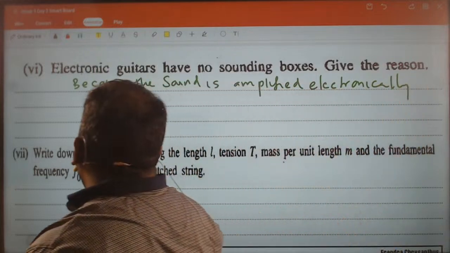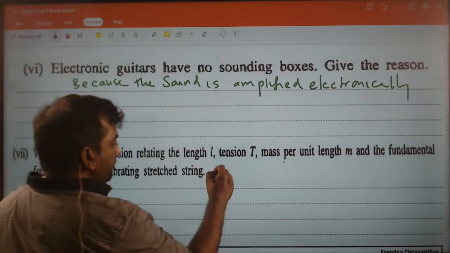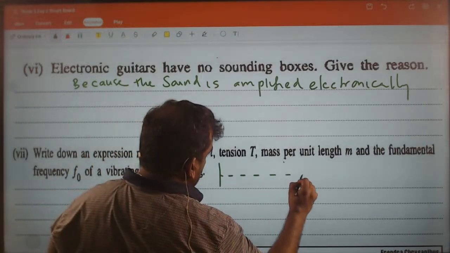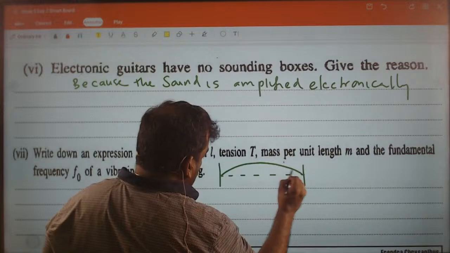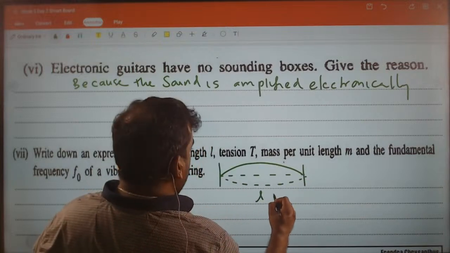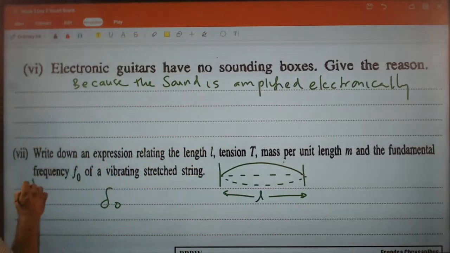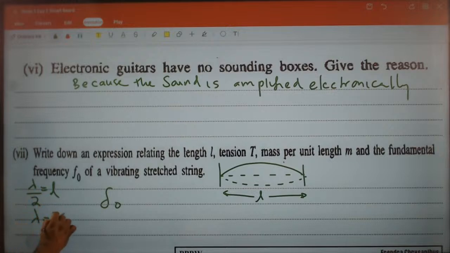Right. Write down an expression relating L, mass per unit length, and the fundamental frequency of a stretched string. That means you must prove it. Here for the fundamental frequency, the length is L. So lambda divided by 2 is equal to L, lambda equals 2L.